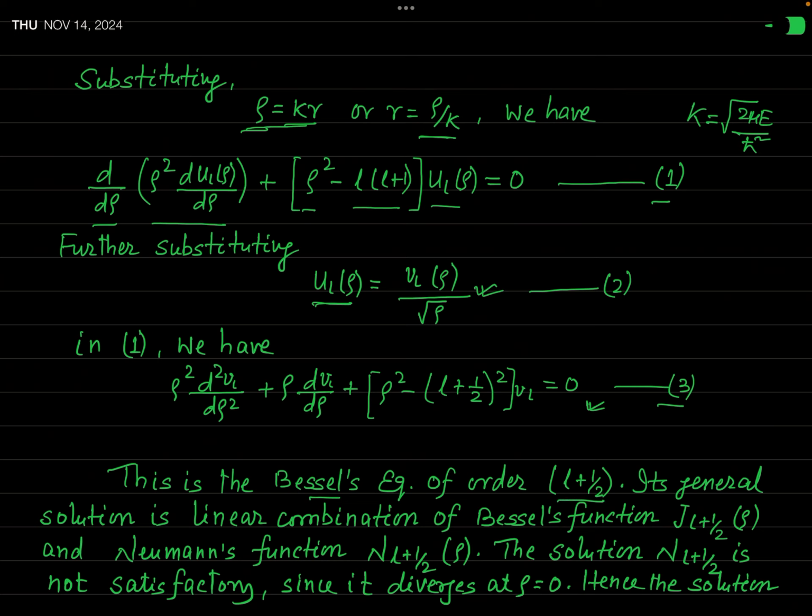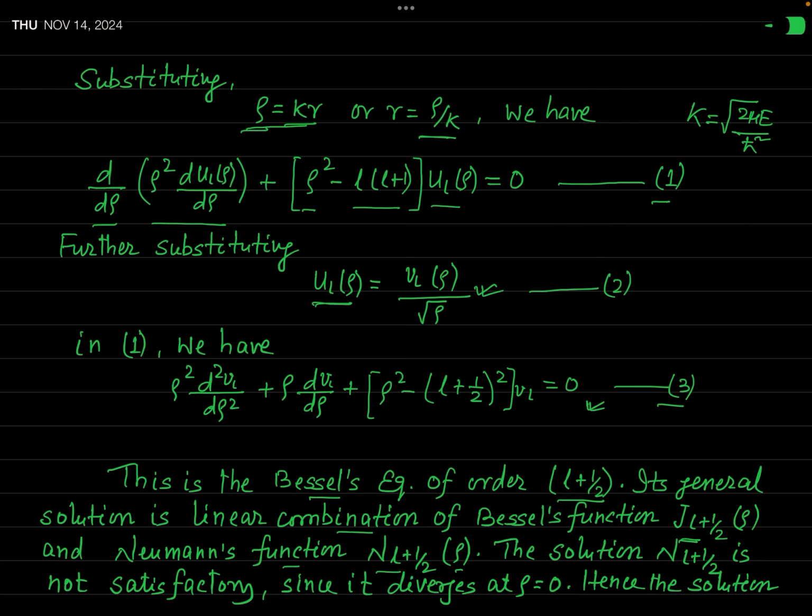And if it is the Bessel equation of order L plus half, its general solution will be a linear combination of the Bessel function J of L plus half of rho and the Neumann function, which is also called Bessel's function of second kind, N of L plus half of rho. This linear combination gives the general solution of the Bessel equation defined in equation 3.